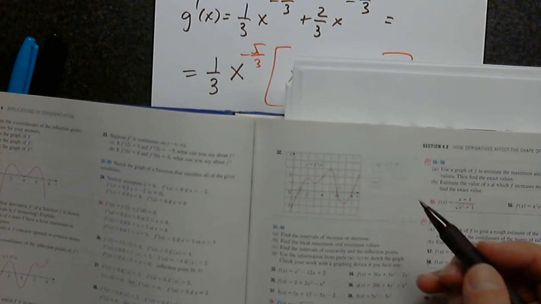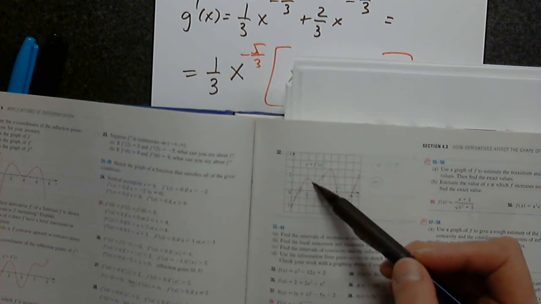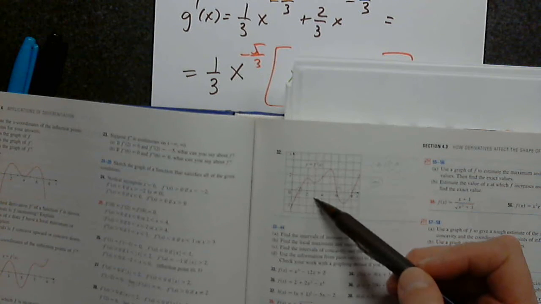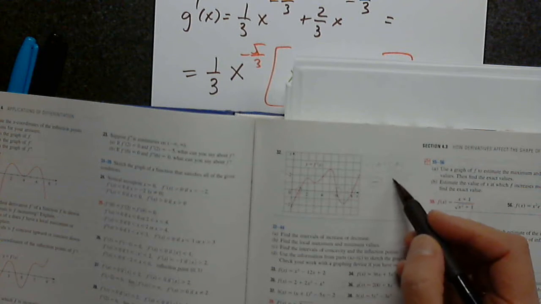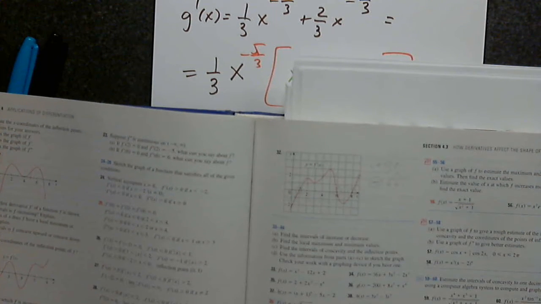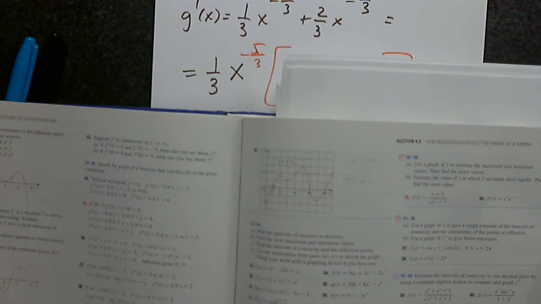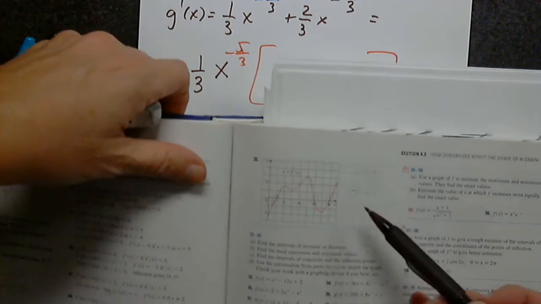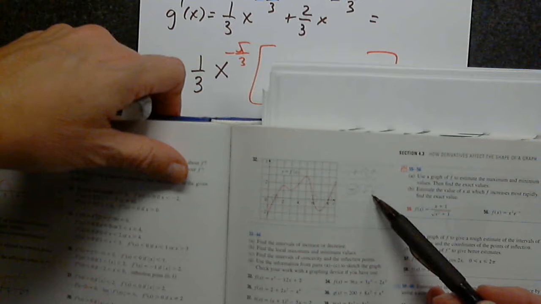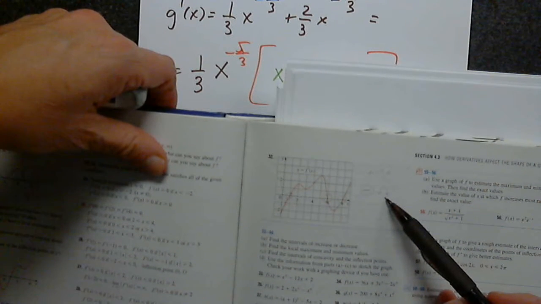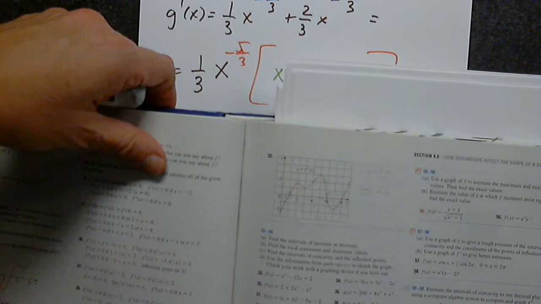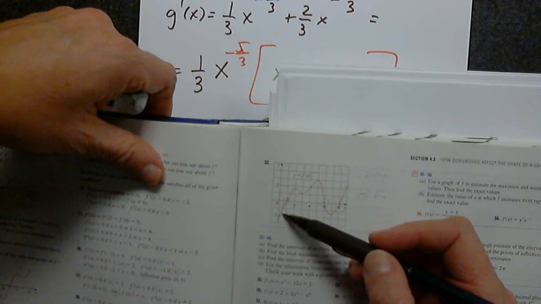When it's decreasing between 2 and 3, and it's decreasing between 5 and 7, then the second derivative is negative, so then the function is concave downward.